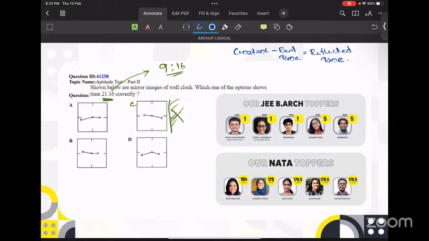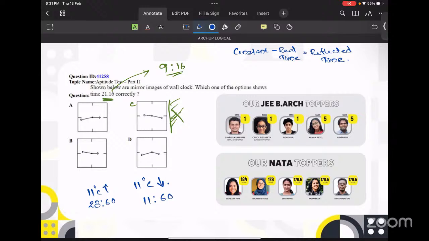If the asked time is more than 11 o'clock, we will go for the constant 23:60. If the asked time is less than 11 o'clock, you can use the constant 11:60.